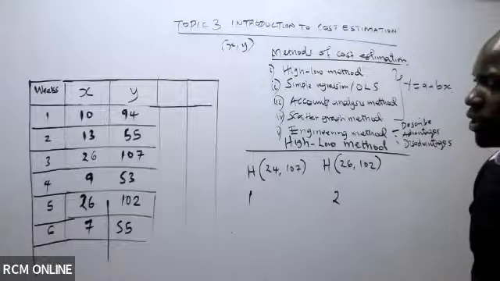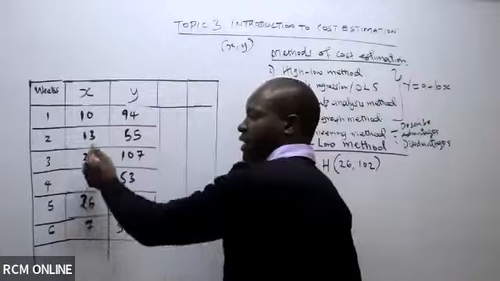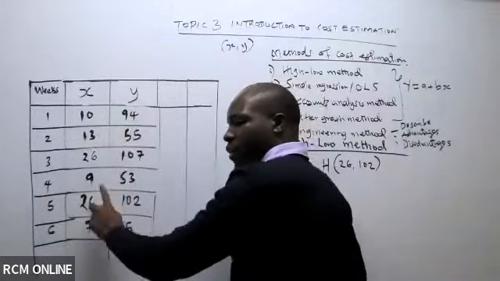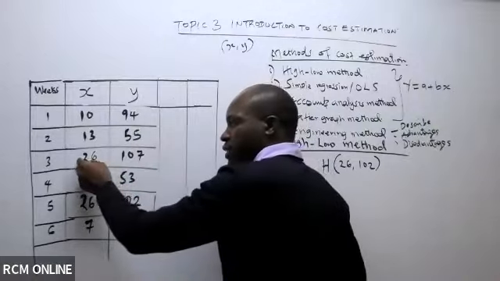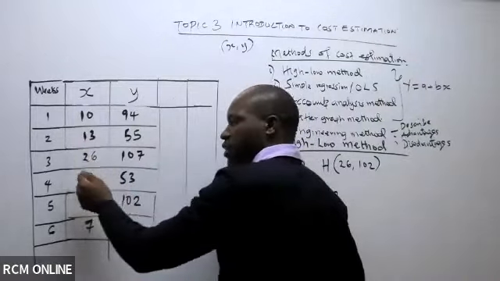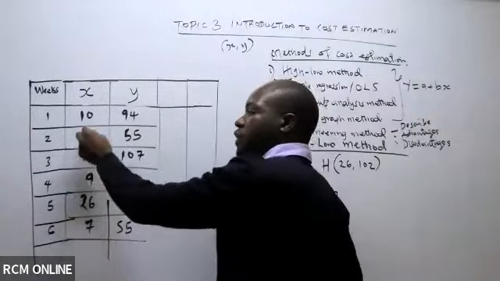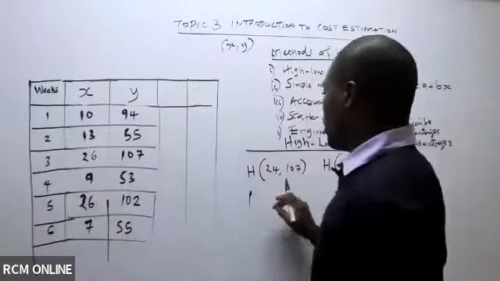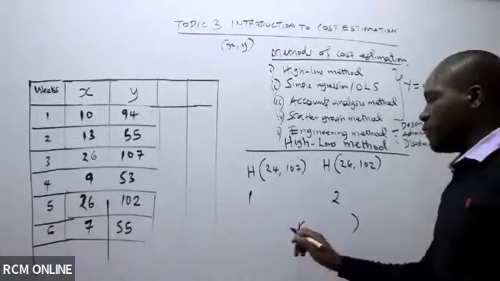This time round, because column X has two highest figures that are similar, we now go to column Y and look at the highest figure between the one corresponding to the first 26 and the second 26. So if this was the case, what will be our coordinates here, somebody? What will be our coordinates if this was the case?